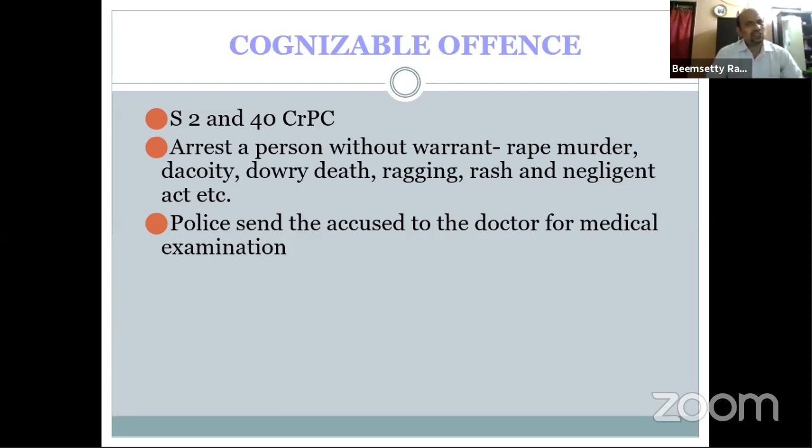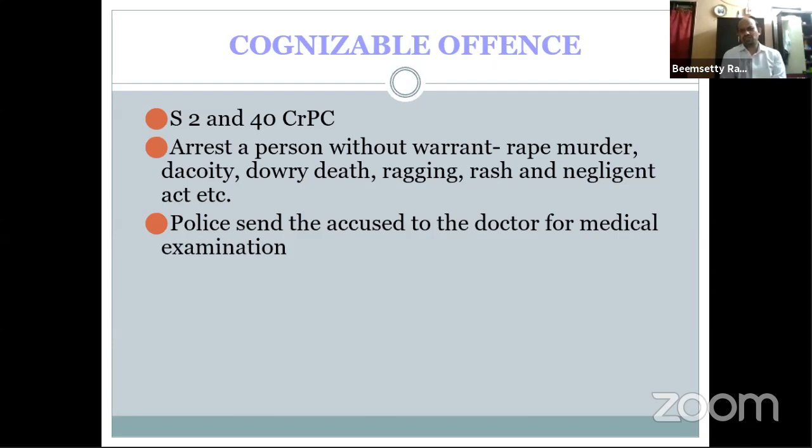What are the kind of situations? Like rape, murder, dacoity, dowry death, ragging, rash and negligent act, etc. And police send the accused to the doctor for medical examination after arresting. For remembering this cognizable offense, you can remember a mnemonic like 4 residents go for MD, or MDRD, or many things.